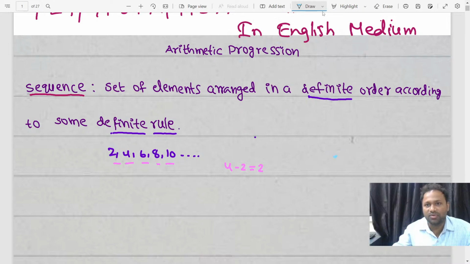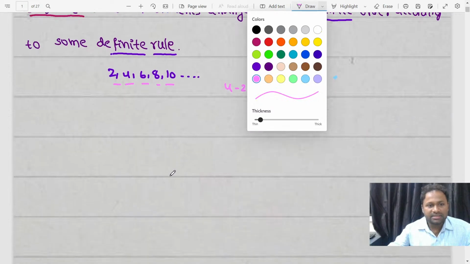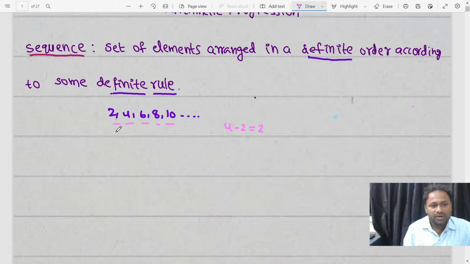In this 2, 4, 6, 8, 10 we have a definite order. Order means a particular order is there. That order is the common difference 2 between 4 and 2, as well as 6 and 4, 8 and 6.